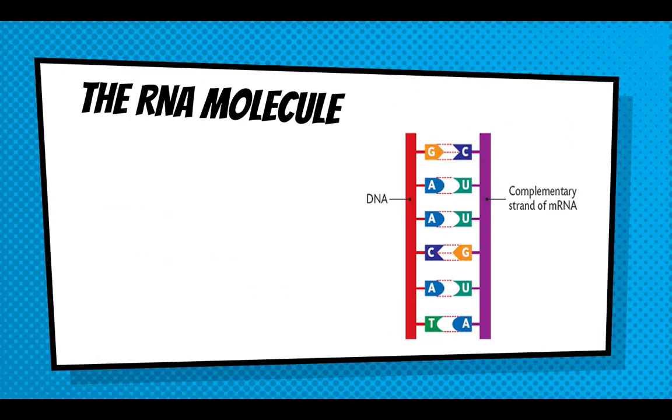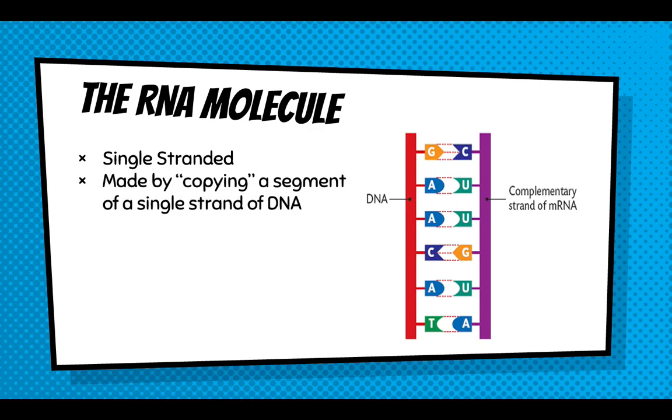The RNA molecule does have some differences from the DNA. The first is that RNA is only single-stranded. So remember we said that DNA can never leave the nucleus because it's too big. Well, part of the reason that RNA is single-stranded is so it can leave the nucleus. RNA is made by copying a segment of a single strand of DNA, so it is not the entire genetic code, it's just a piece of it.